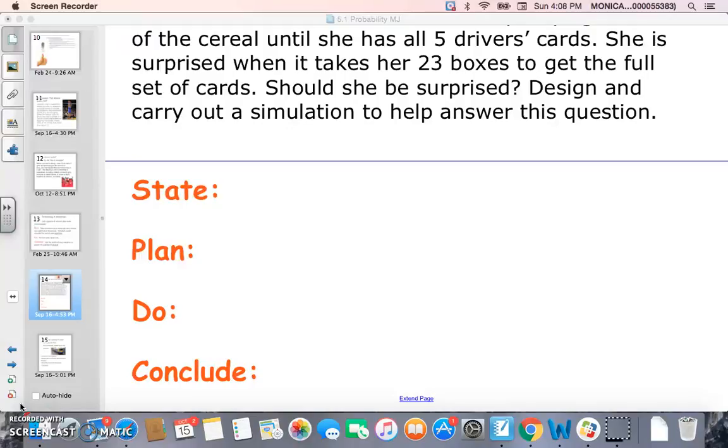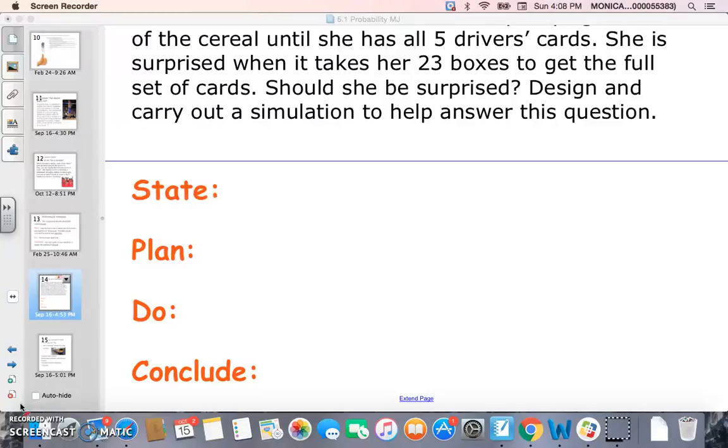You're going to keep hitting enter until you've gotten all the numbers from 1 to 5, and then record how many boxes you had to open. How many times did you have to push enter to get numbers 1 through 5 would simulate how many boxes you had to purchase.